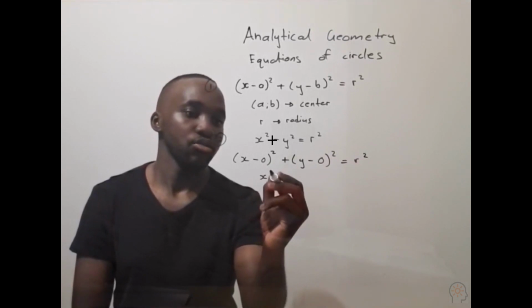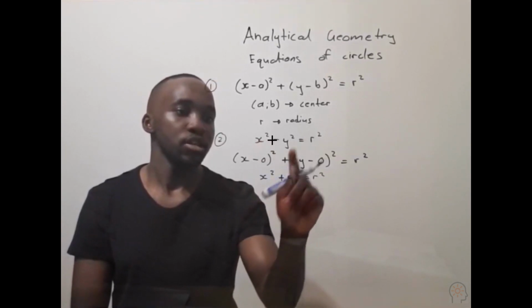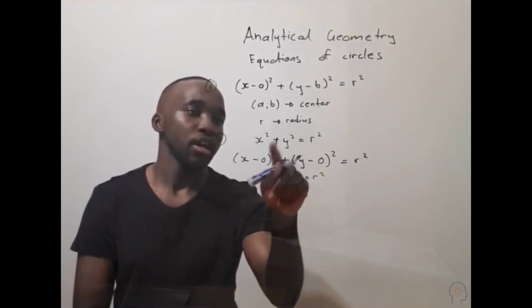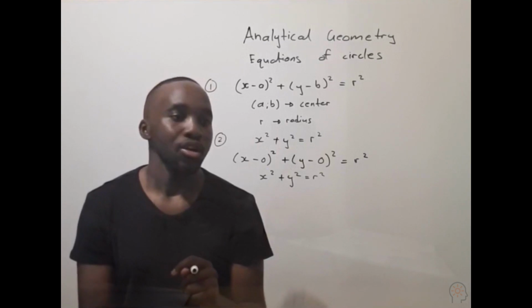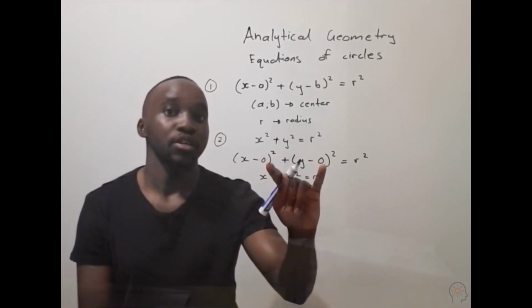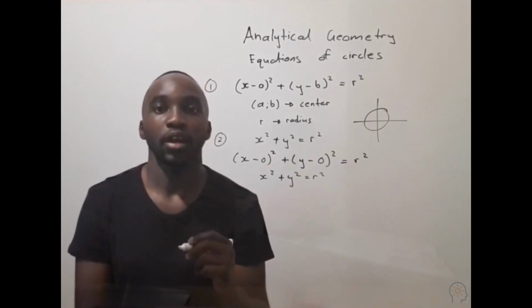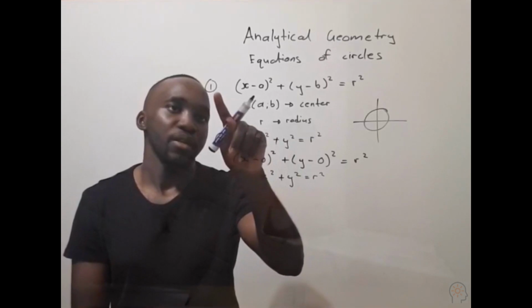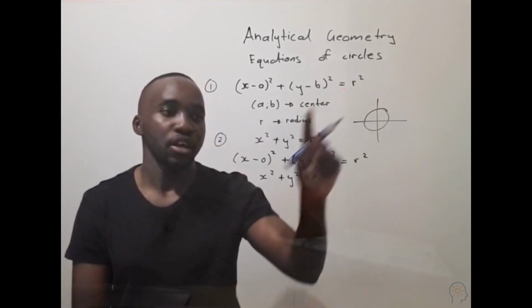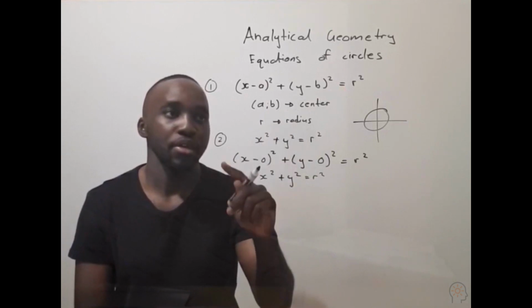This results in you getting this. Anytime you see an equation like so, all it means is that your circle is centered on the origin. This is what your circle will look like. So I would recommend that you keep in mind this format and not worry too much about trying to remember two things, because it's just one.